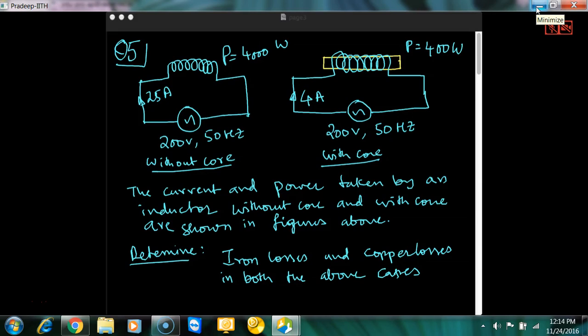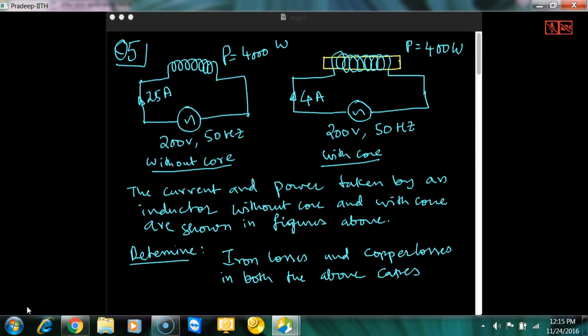I had displayed question number 5, and for the previous question, which method is it, method 1 or method 2? You can also think about that. I have displayed question number 5 on your screen. So again, take 5 minutes time and try to work out the answer. This is a little bit different.